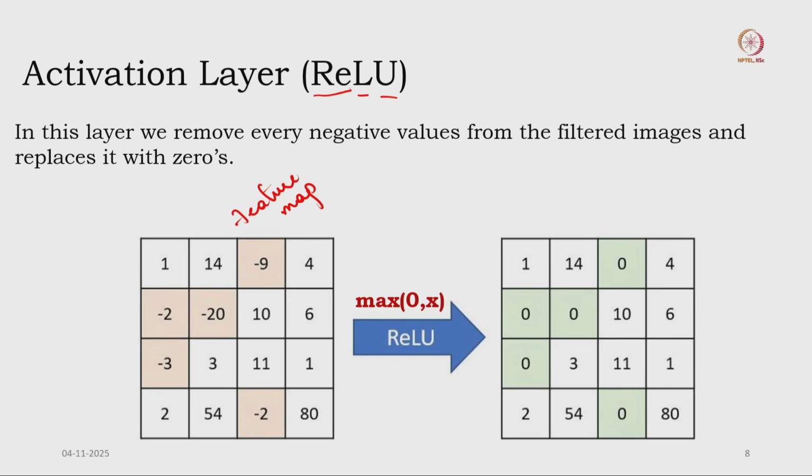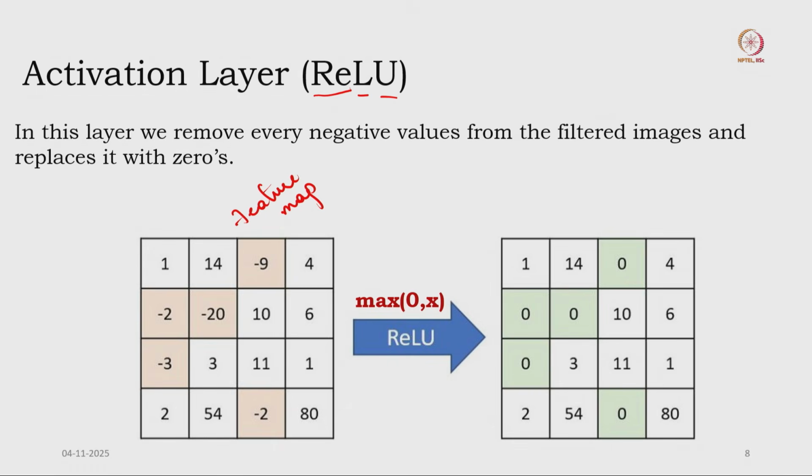Now, what will be the size of this feature map? Either the size will be the same as the input if you use padding. If you don't use padding, there is a slight reduction in the feature map size. Okay. Whatever values you have got will be the extracted feature values.